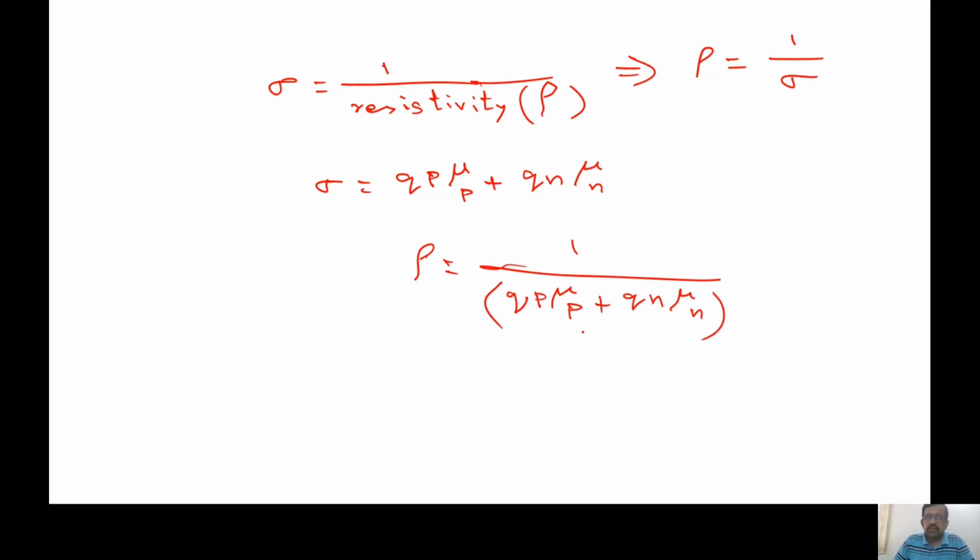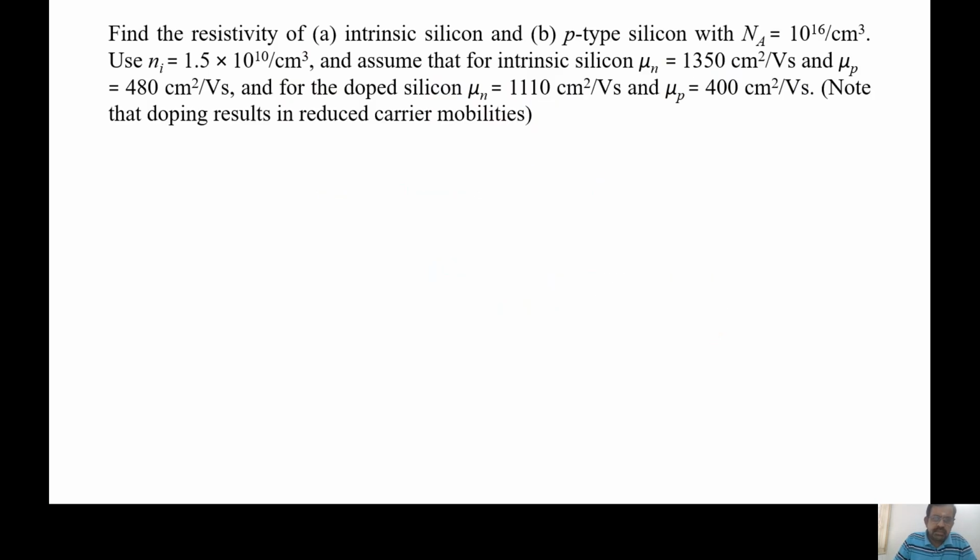With this expression, let us see a problem. Then we'll understand a little better. Find the resistivity of intrinsic silicon and p-type silicon with acceptor impurity equal to 10 power 16 per centimeter cube. Use the intrinsic carrier concentration to be 1.5 into 10 power 10 per centimeter cube, and assume that for intrinsic silicon, the mobility of electrons is 1350 centimeter square per volt second, and the mobility of holes is 480 centimeter square per volt second.